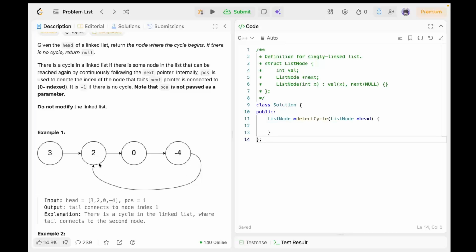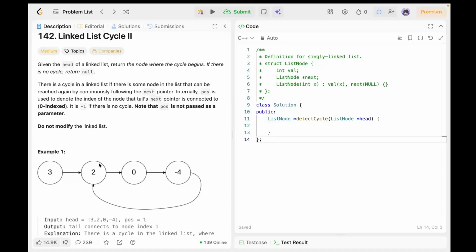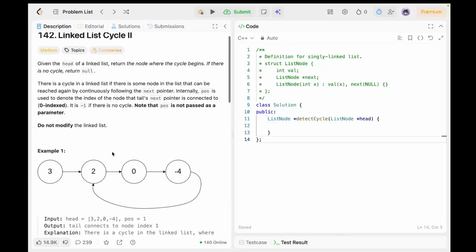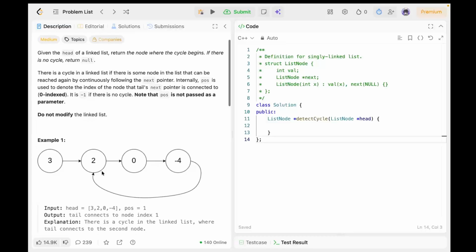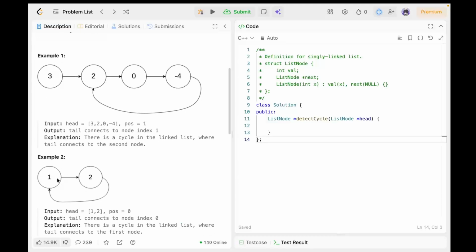In the previous video, we checked if there is a cycle present in a linked list or not. But in this problem, you have to return the node from where the cycle is being started. In example 2, you have to return 1 because it's the first node from where the cycle is being started.